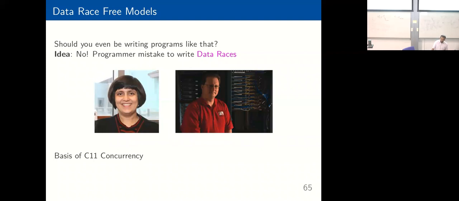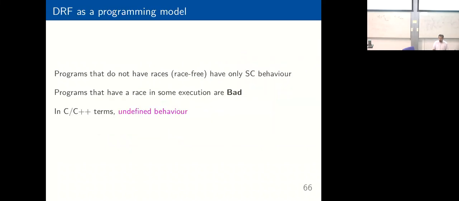So these models are what's called data race free. That's quite a mouthful. What does that really mean? What that means is that if you don't write races, if you're a good person, then your programs have sequentially consistent behavior. We are back in Lamport's ideal world. Life is good. This is just a programming model.